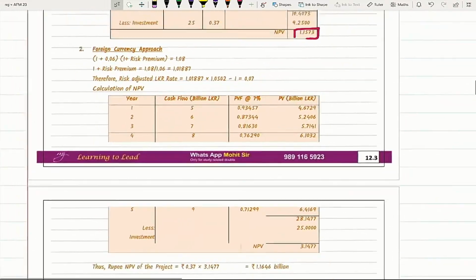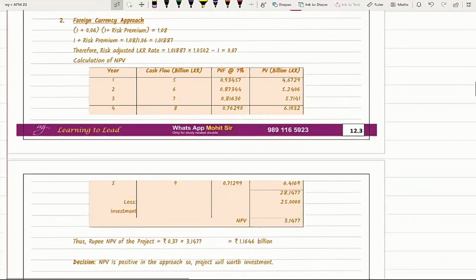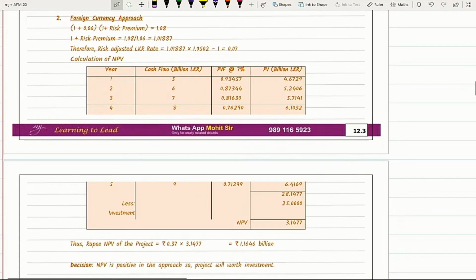The second part answer was this foreign currency approach, I think 7%. Second part we were getting, I think, 7%.